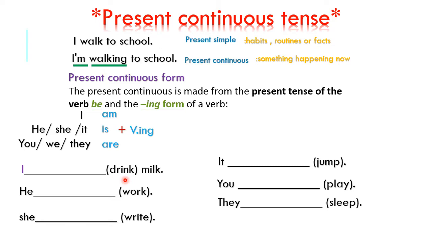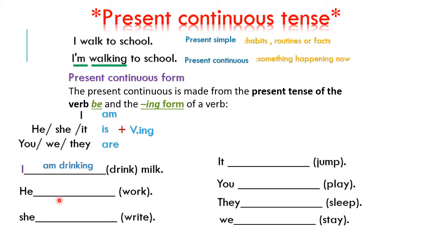Two steps you have to follow. Get one of the verb to be forms am, is or are, then add ing to the verb. One, verb to be, two, verb ing. So I will take, excellent, am, drink will be drinking, so it will be I am drinking milk. I am drinking milk. Okay.